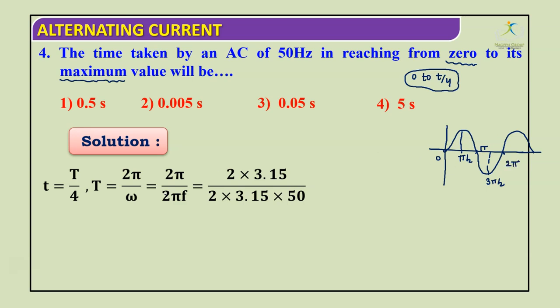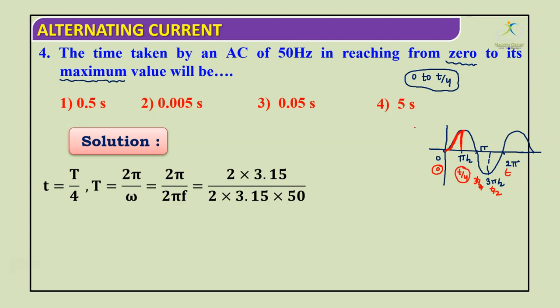But in terms of t, this will be 0, T by 4, T by 2, 3T by 4, and T, of course. So this is the peak value, or 0 to maximum. For this case, this will be 0 to T by 4. That's why we are taking the time over there.